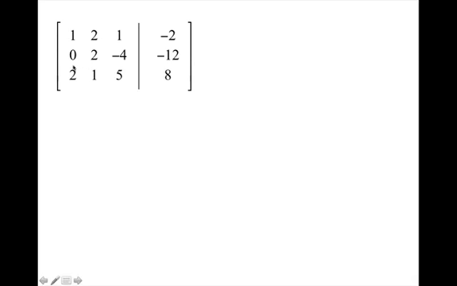So let's look at making this 2 become a 0. Change its sign to a negative 2 and multiply by the row containing the 1 that you put in place. So I'm going to multiply negative 2 times row 1, and this gives me negative 2, negative 4, negative 2, positive 4.